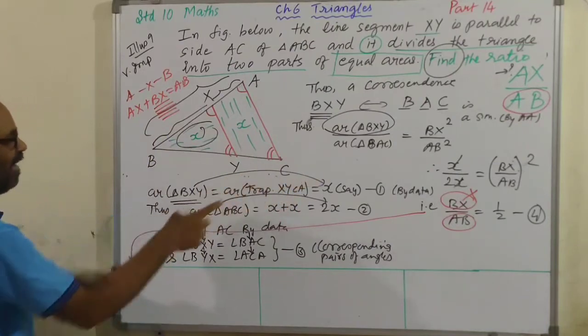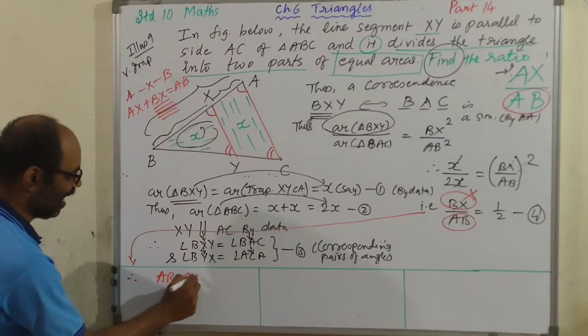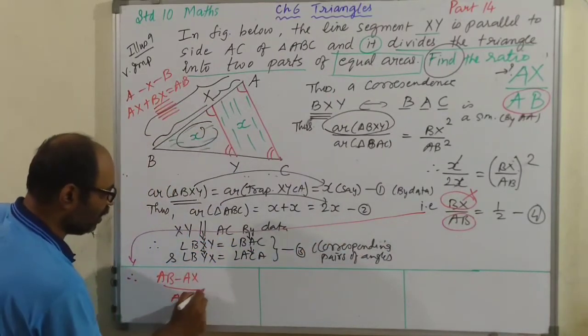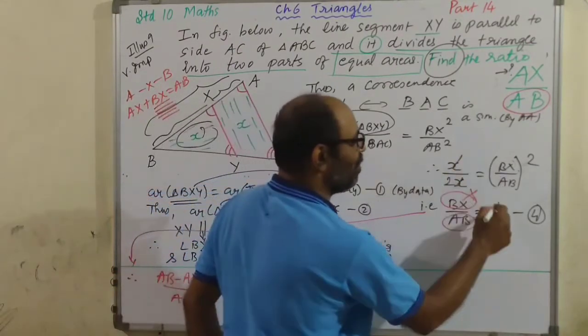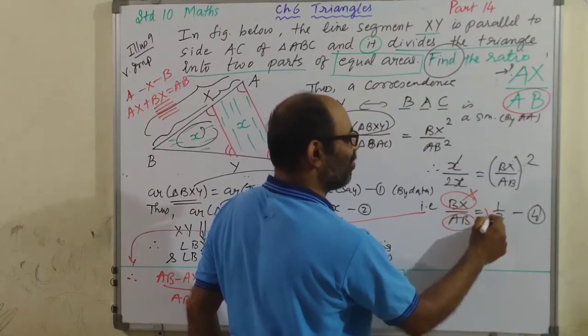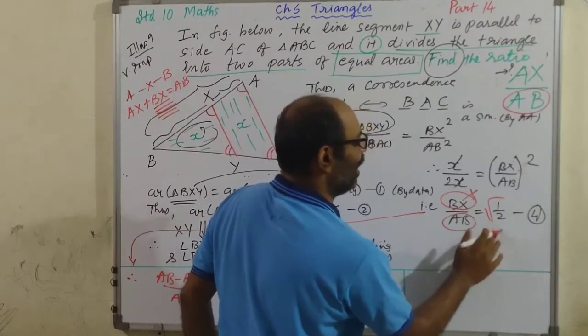So BX can be written as AB minus AX upon AB, which is equal to 1 upon root 2, since the square root is taken.